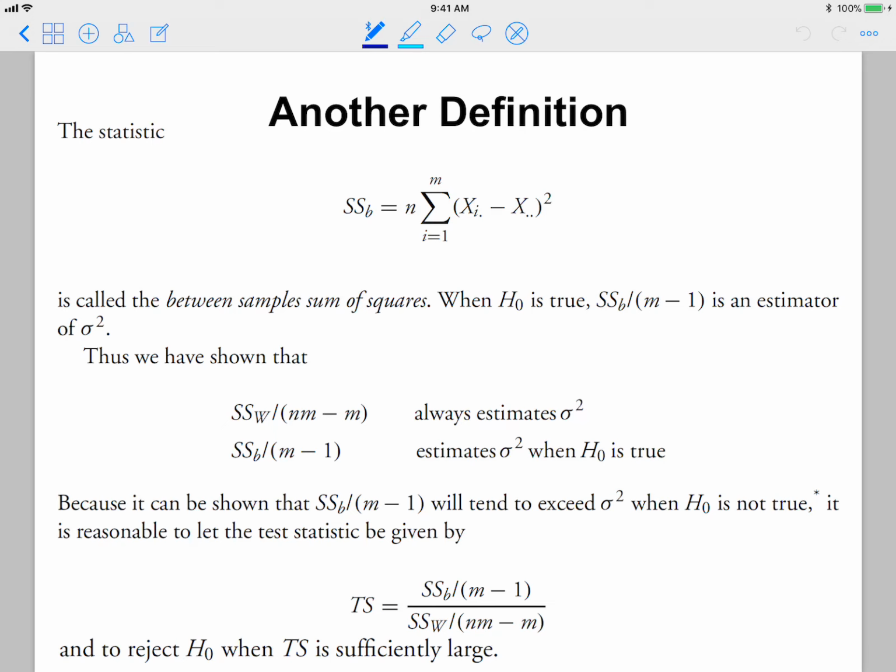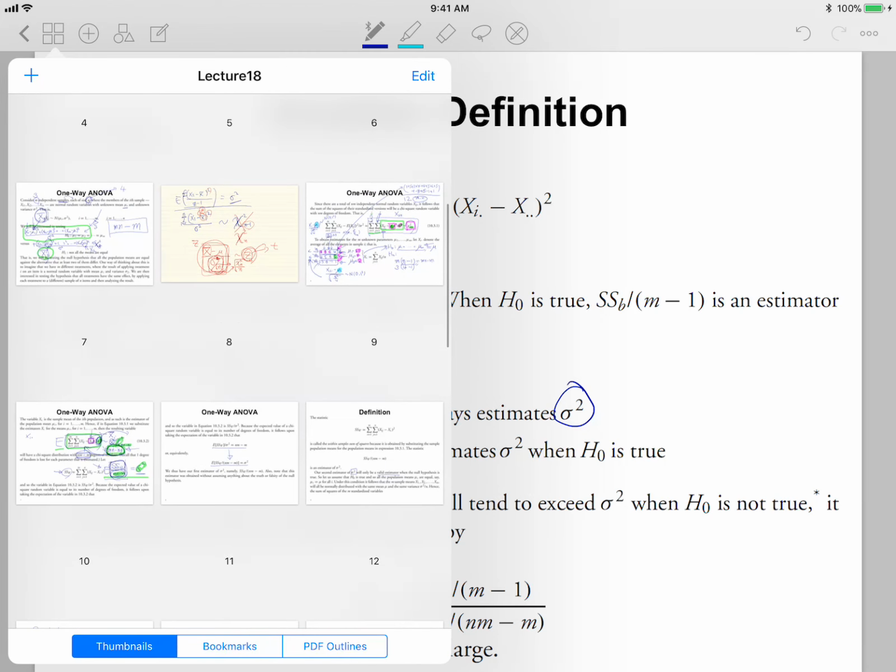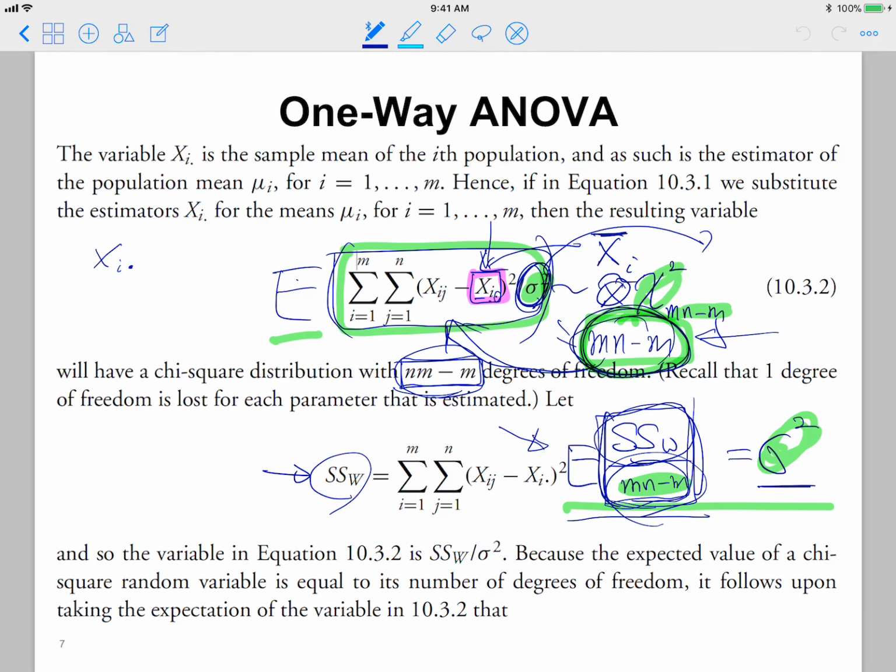Okay, so we have two different estimators for our sigma squared. The first one was this one. So what was this one? Let's recall it. For each individual observation, we subtract its own mean value, or its approximate version, the sample mean, from each group, and then take the square of it, and that way we obtain the chi-square distribution.